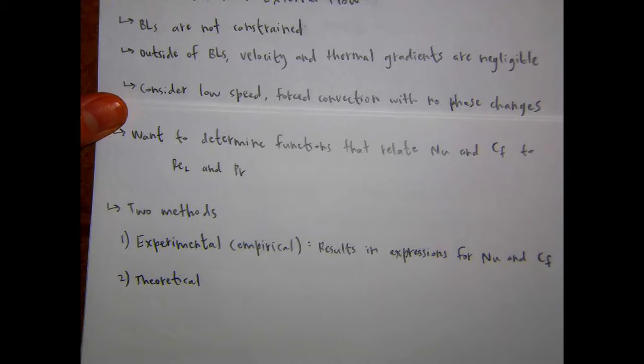And then once you know that, like we've done before, you could just differentiate. If you know the temperature distribution, you can just take the derivative with respect to X or Y, and then plug that in and directly calculate the friction coefficient, or the convection coefficient.